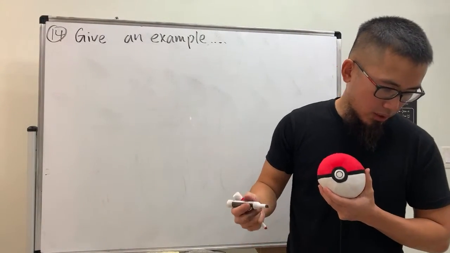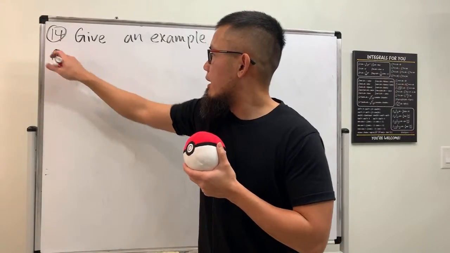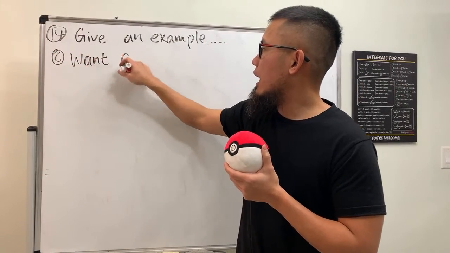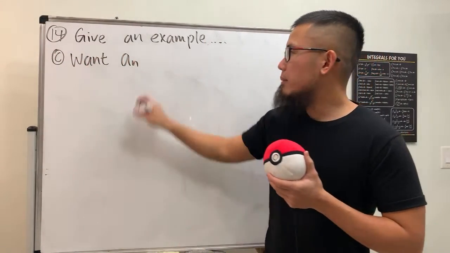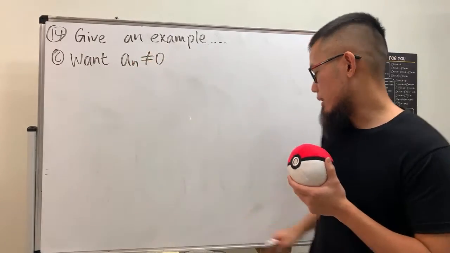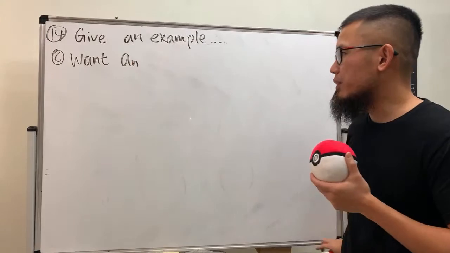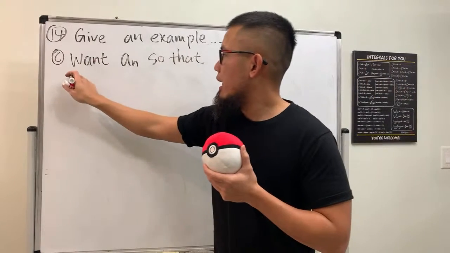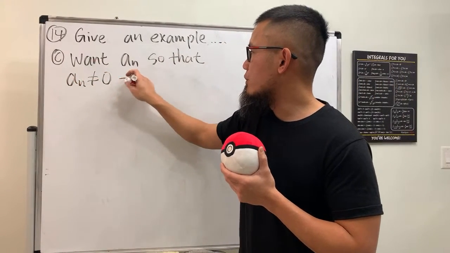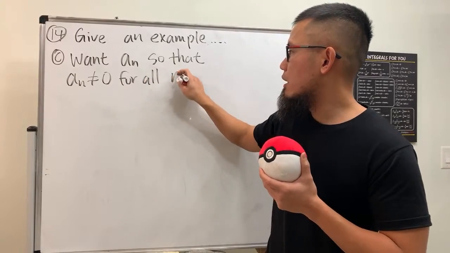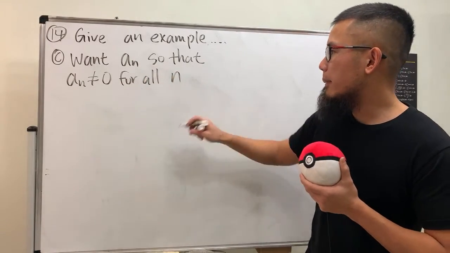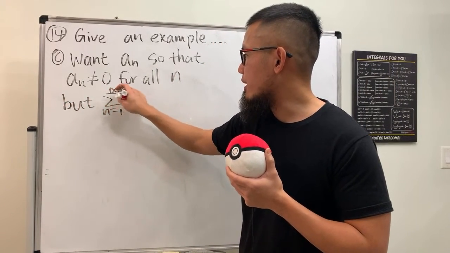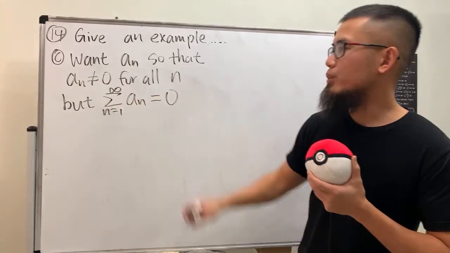All right, so part C. This is just specially for the live stream people. We want a sequence a_n such that a_n is not equal to 0 for all n, but the sum as n goes from 1 to infinity of a_n is equal to 0.